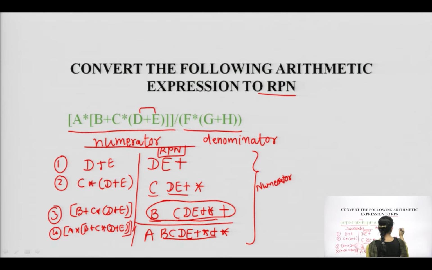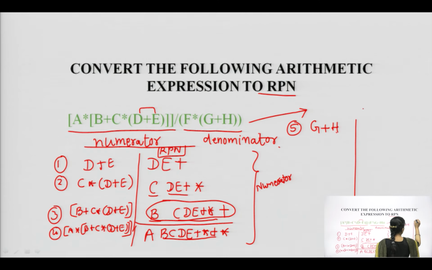Then moving on to my denominator part, firstly G plus H in the fifth step will be solved. So, the requested RPN value will be GH plus.